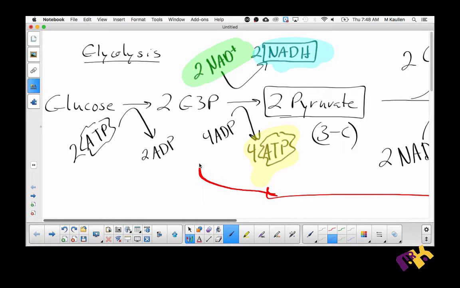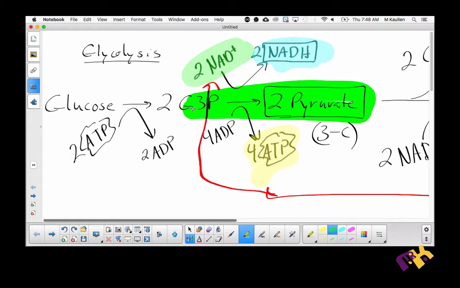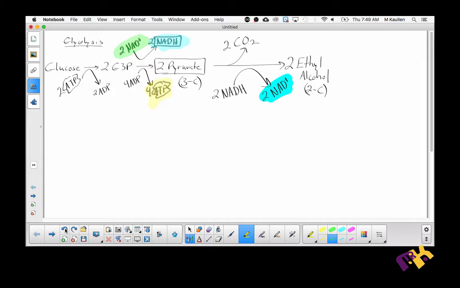We can bring it back up into here and have it used to break down more glucose, because it's going to be this end of glycolysis that we get our energy, right? It's going to be this energy production step where we output the ATP. Okay, so this was alcoholic fermentation.